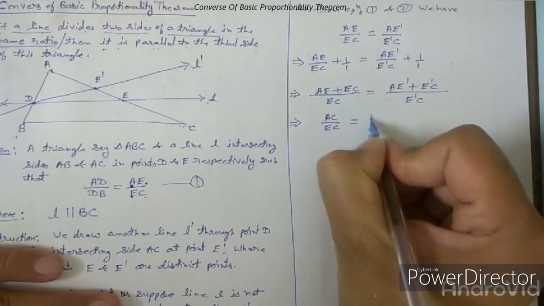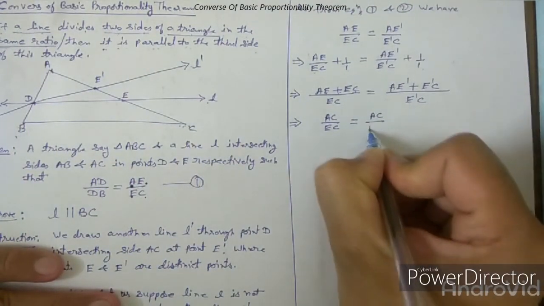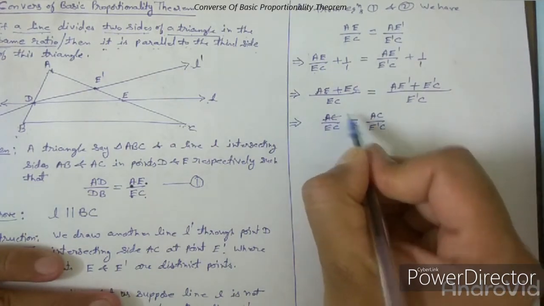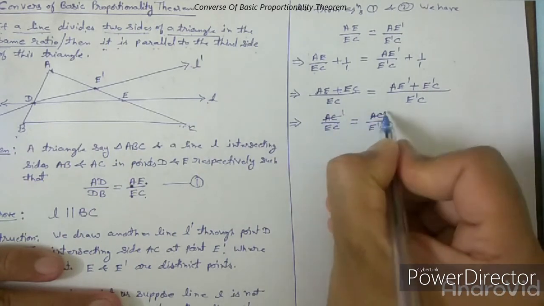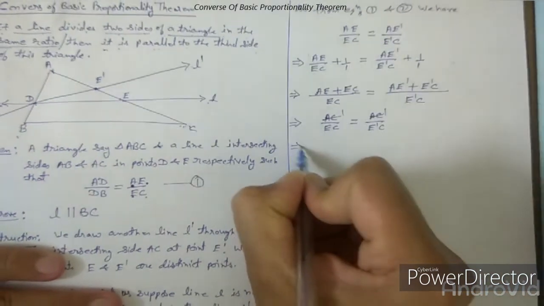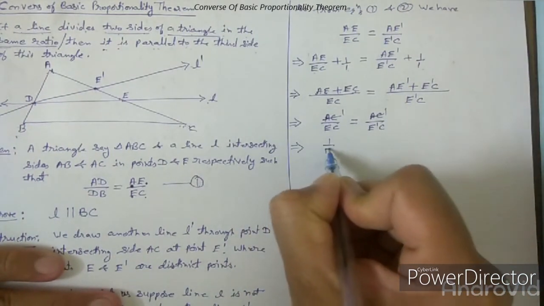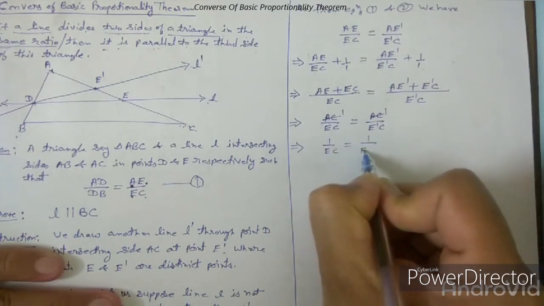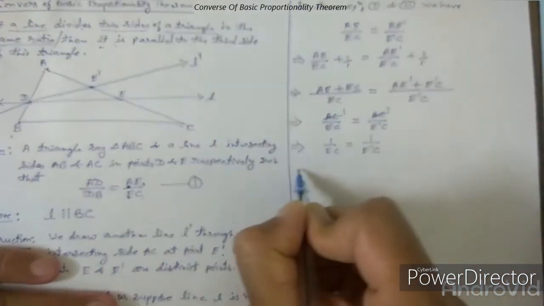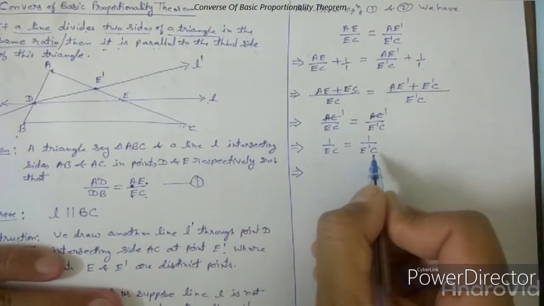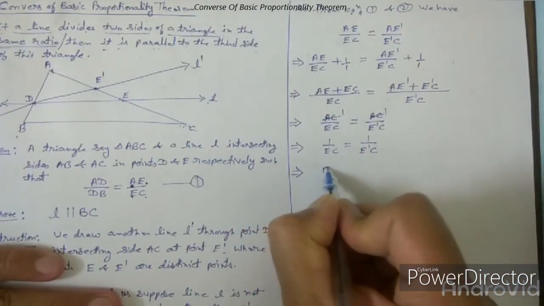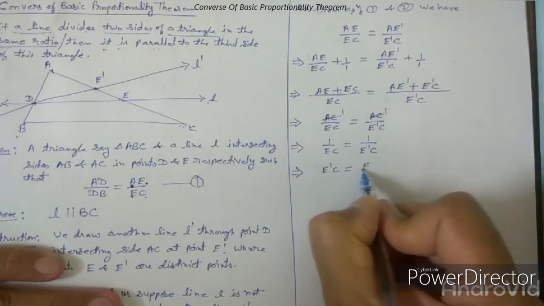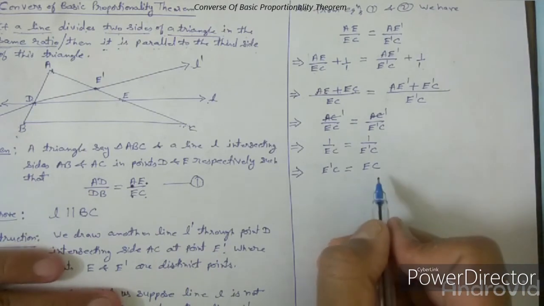So right hand side will be AC over E dash C. This AC cancels this AC, so we will have 1 upon EC is equal to 1 upon E dash C. On cross multiplying, we will get E dash C is equal to EC.